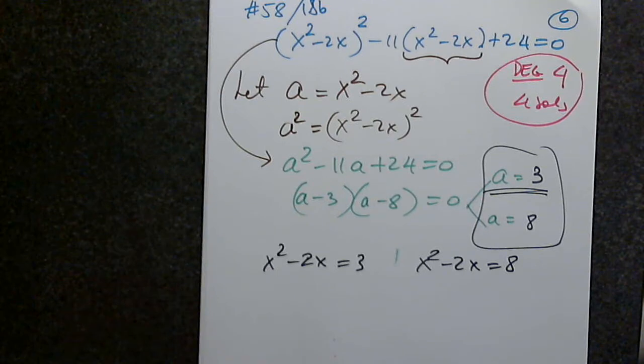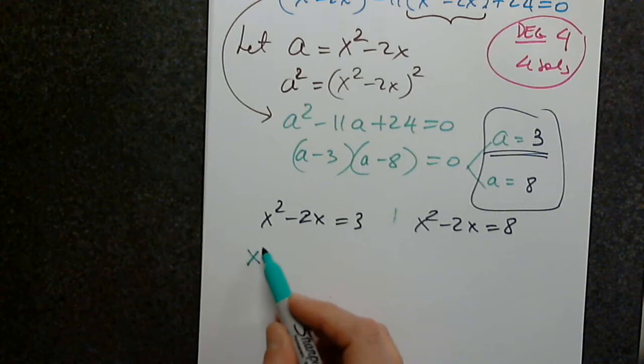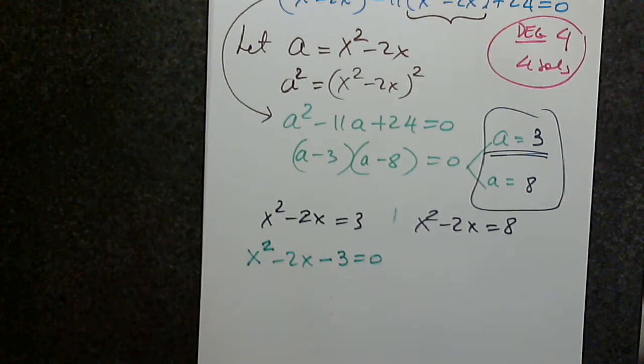Great job. Thank you. So then now I have two more quadratic equations to deal with. What is the first one? And you can do whatever you want. Of course, not complete the square or take the square root because it's not possible at this stage.